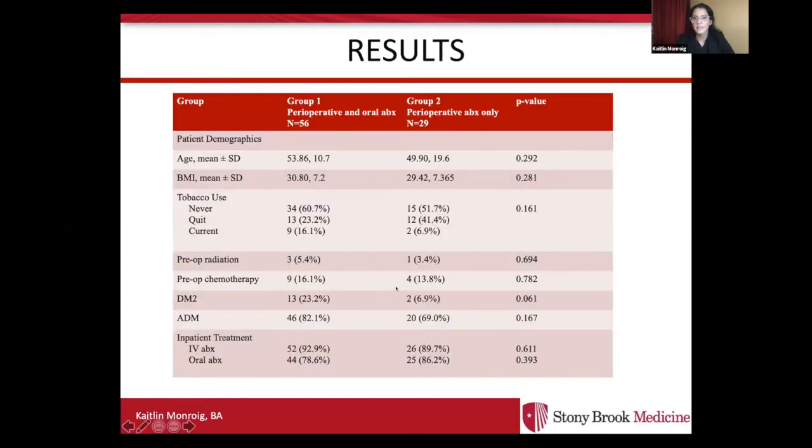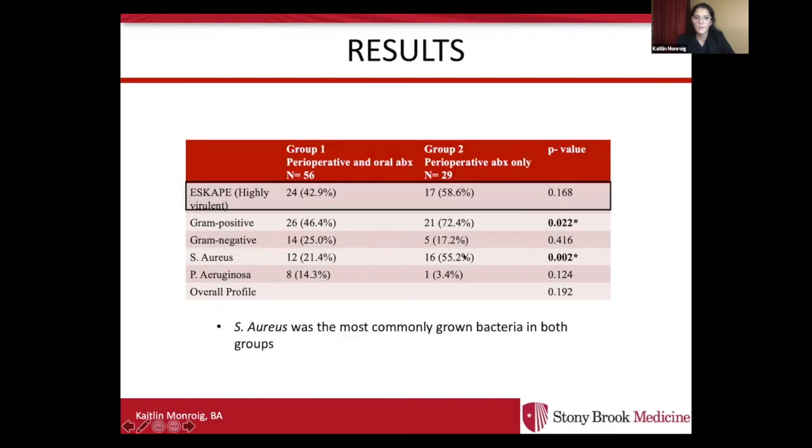There were no significant differences in the demographics between our 2 groups. This was age, BMI, tobacco use, preoperative radiation and chemotherapy, type 2 diabetes, and ADM usage. So when we look at the profiles between our 2 groups, there was a significantly increased incidence of gram-positive organisms in group 2 who received perioperative antibiotics only, as well as Staph aureus.